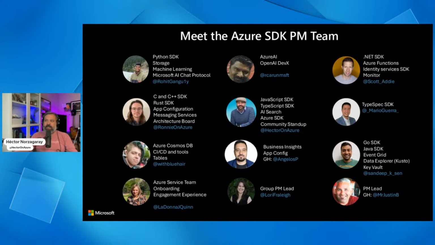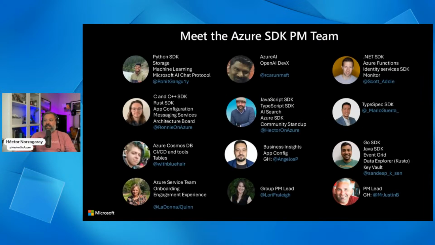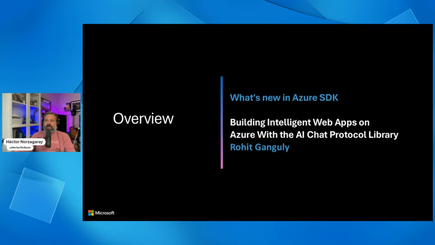And then I'm here with JavaScript, TypeScript SDK, and AI search, which has a lot to do with the topic from today. Always feel free to contact these people if you have any issues with any of these services or SDKs. We'll be happy to talk to you. There are ways to reach out to us, especially through social media, and we can help you. Or we just want to hear what you think about the products that we work on.